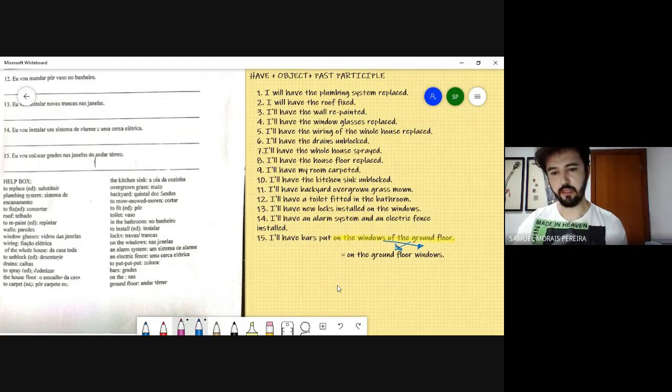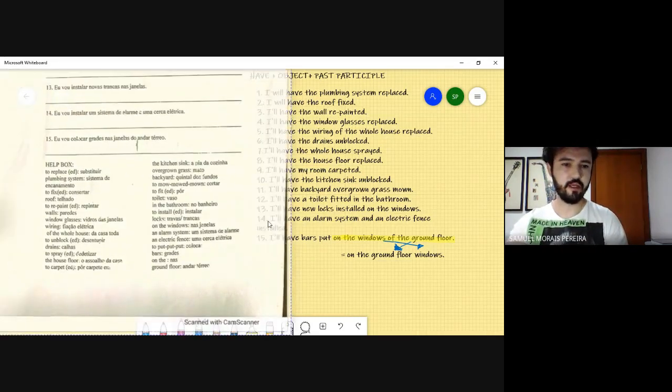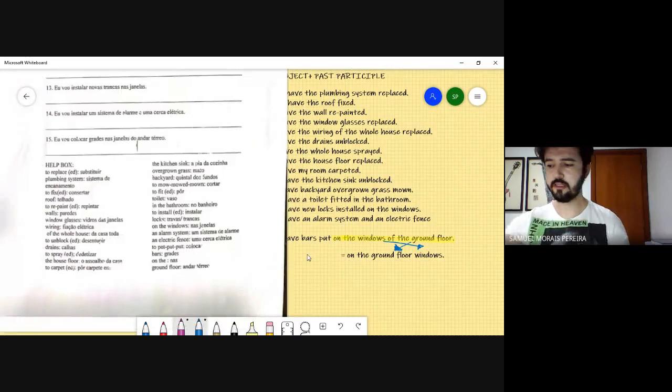As you all know, you have good English skills. You all know that in English, sometimes the position of the words is very different from Portuguese, okay? We have the words inverted in the sentence, and many students don't know why this happens. So if you take a look at the vocabulary here, I have several examples of what I am talking about, okay?